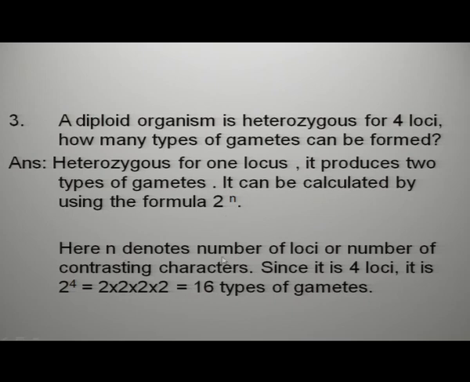Here n denotes the number of loci or even number of contrasting characters. Since it is 4 loci, it is 2 raised to 4. That means 2 into 2 into 2 into 2, that equals 16 types of gametes are produced here.